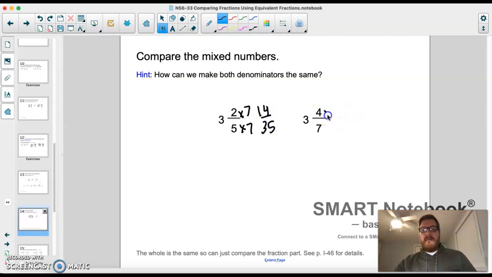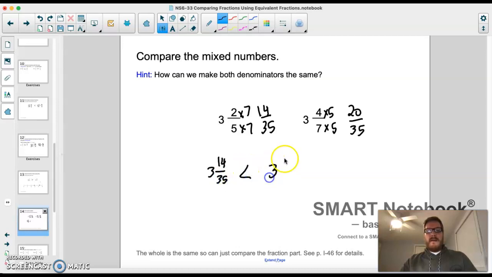And this is going to change by a factor of 5, which is going to give us 20 over 35. So if I compare 3 and 14 over 35, that is going to be less than 3 and 20 over 35. And again, if the whole number is the same, just find common denominators for the fraction parts.